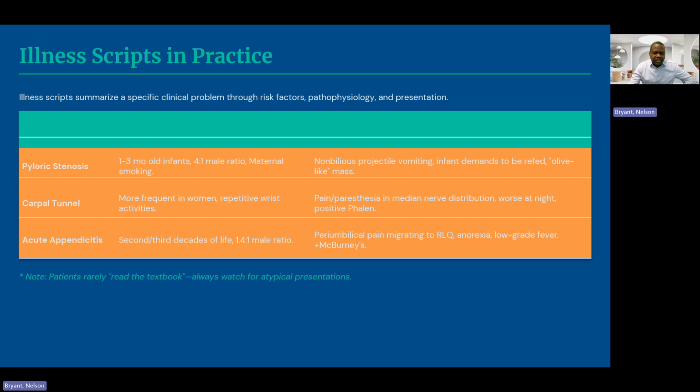And as you gain clinical experience, your mental repository of illness scripts grows significantly, and you will end up developing these illness scripts effortlessly. So just to remember, patients rarely read the textbooks, but these are just to help you.